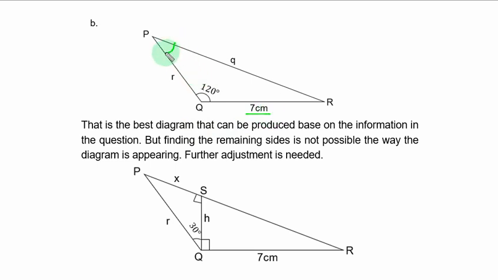If you are to go by cosine rule, you need at least 2 sides, and any of these is not possible. So the diagram is adjusted to this form. If this angle is 120 degrees and this is a right angle triangle of 90 degrees, the remaining angle is 30 degrees, so that we can find the other sides.